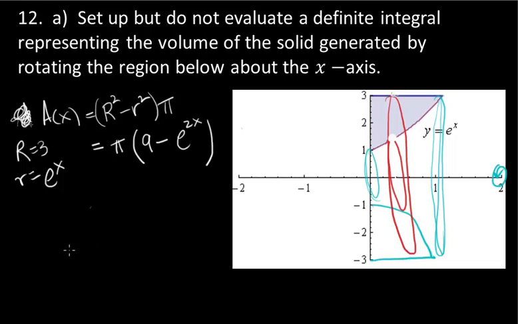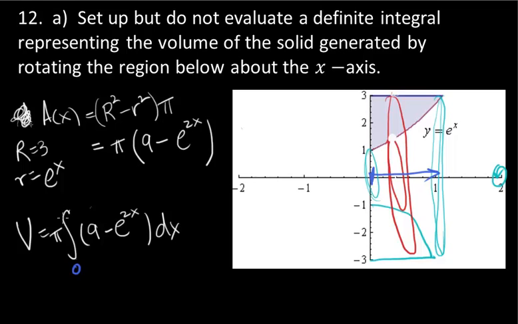So then our volume will be the integral of A of x dx. So I'll put the pi here, and my integrand is 9 minus e to the 2x dx, and I need to integrate from 0 to 1. So my limits of integration are from 0 to 1.